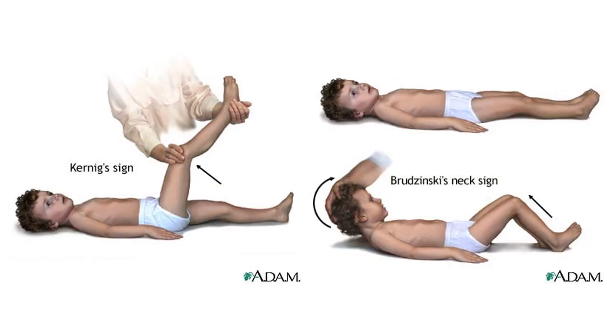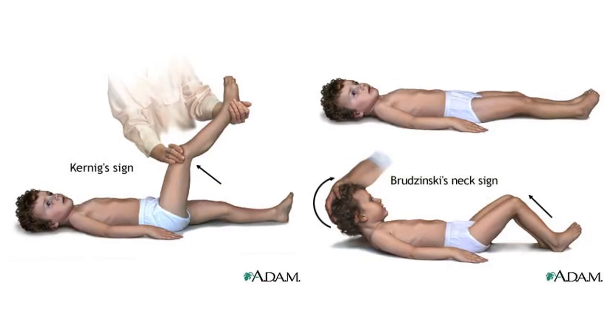A positive sign in this case is that either this action is very painful or irritating, or there is any significant resistance or inability to extend the knee, as that fits with more of a rigidity in the meninges.